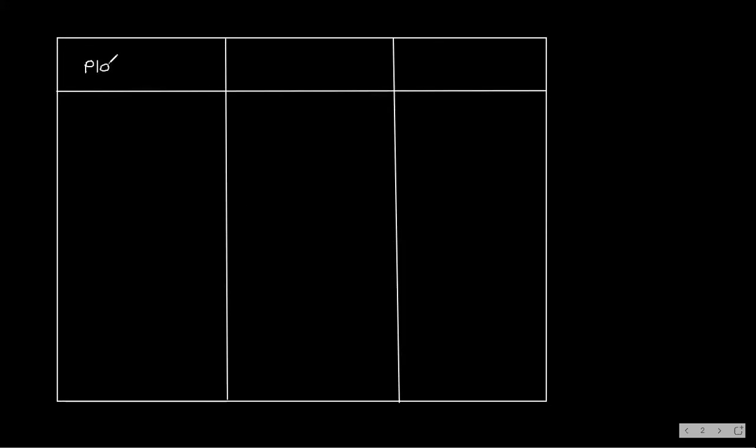First column is for planet. Next column is for semi-major axis, denoted by A. And third column is for time period, that is capital T. And this is in multiples of 10 power 10 meter, and this is in years.